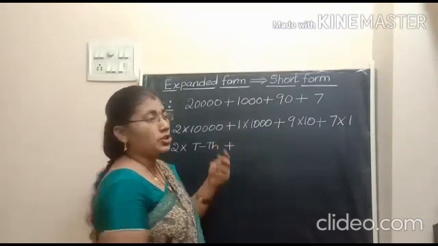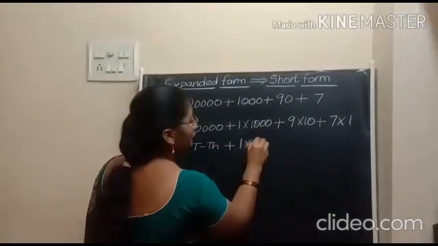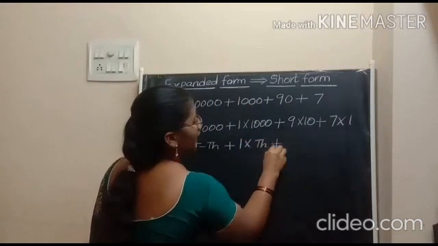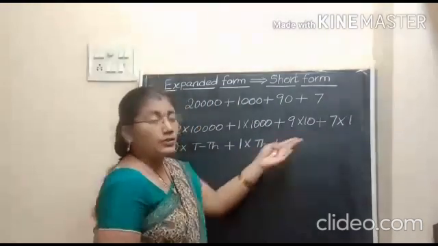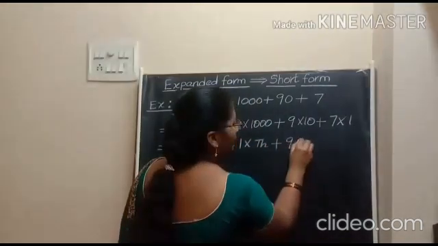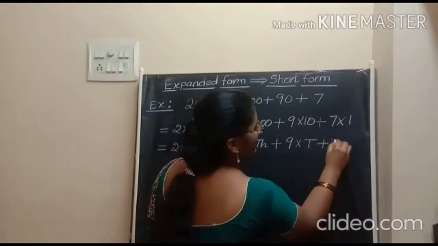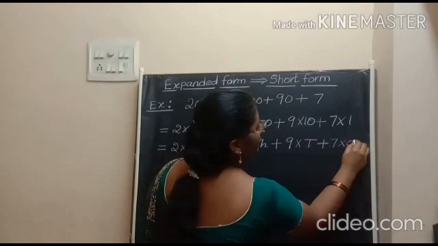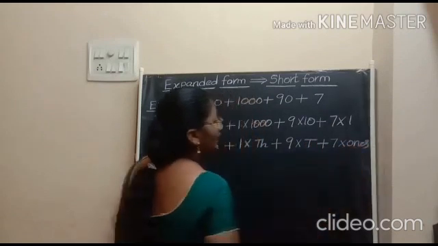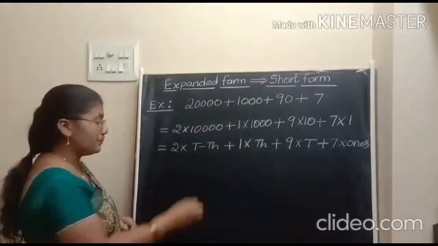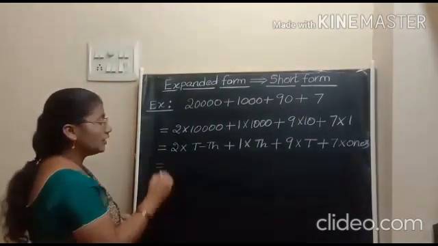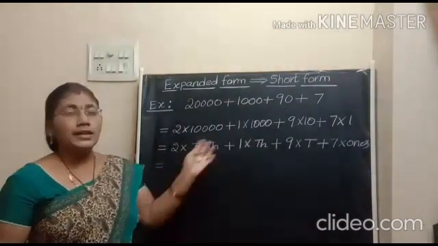Using TH. 1 into TH plus 10. We can represent 10 using capital T. And finally, 7 into ones. Now we can use these places according to their order.